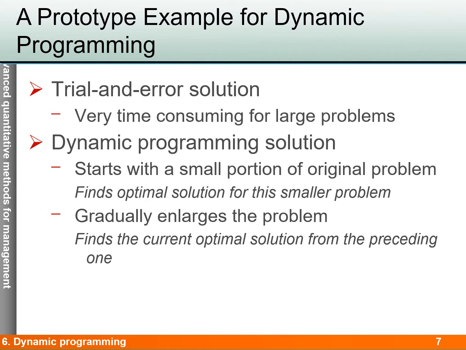So dynamic programming solution starts with a small portion of the original problem, finds the optimal solution for this small problem. As I told you guys, dynamic programming always is moving from left to right, okay, in this example. But to find the solution, we should start from the right-hand side and divide the game into smaller problems, okay?